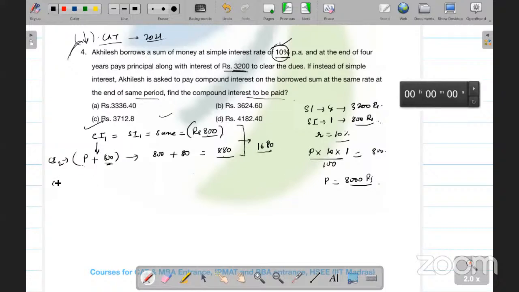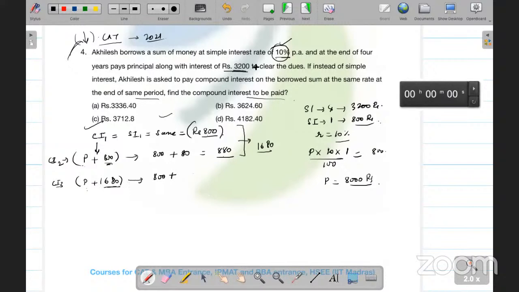In the third year, you will calculate the compound interest on P plus 1680. Your formula for calculating interest is not going to change. The only thing that changes in compound interest is at the end of every period, the interest gets added on to the principal. So on this P, you calculate an interest of 800 rupees.